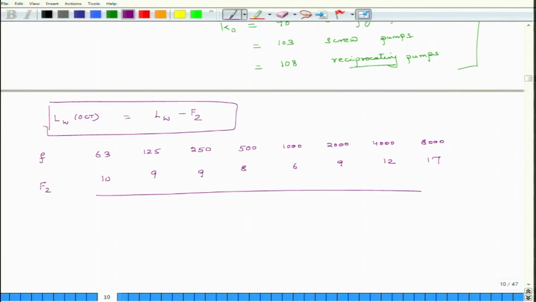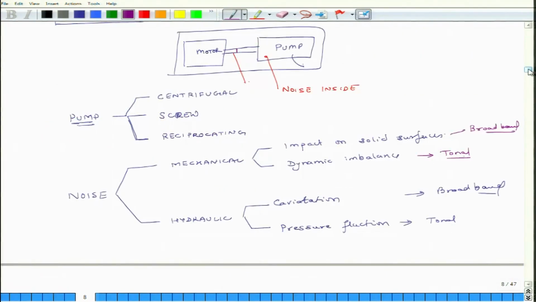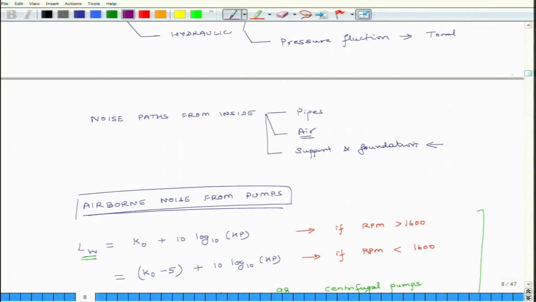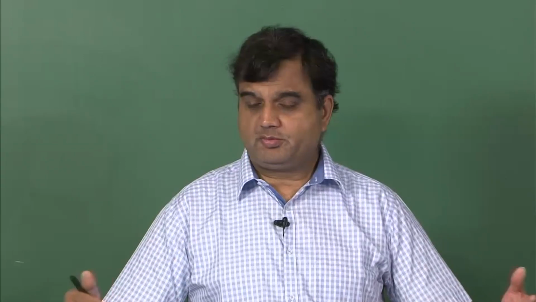So, this entire discussion on noise is primarily about the airborne noise. We are not discussing the noise coming through pipes, supports and foundations. We would assume that if it is going through the pipes, that noise level is very less, and you would not have a pump in a room with no pipe, so that is not a realistic option.